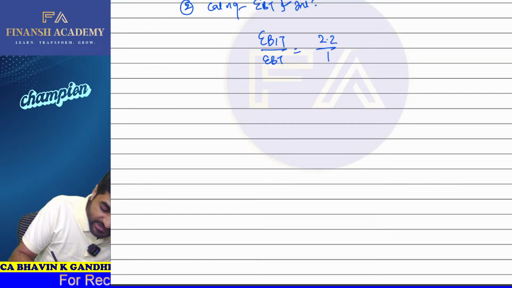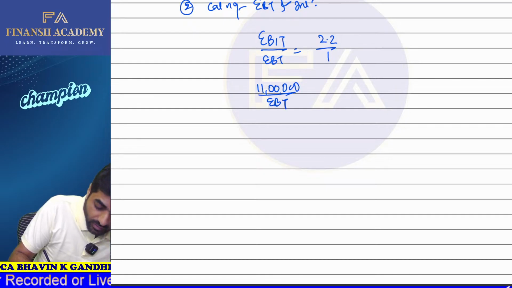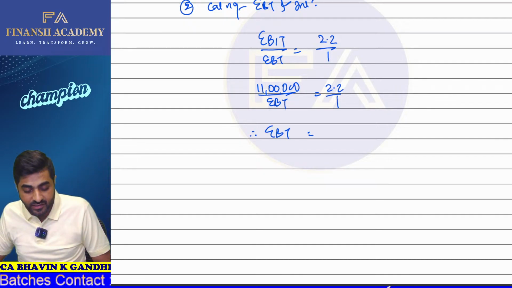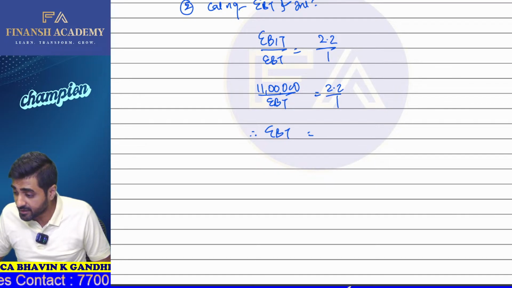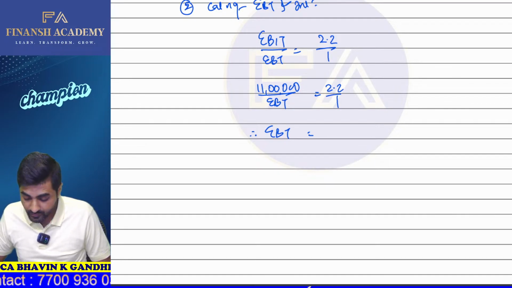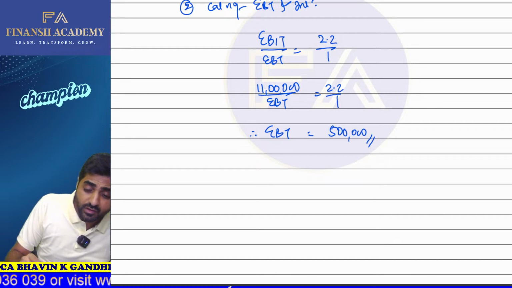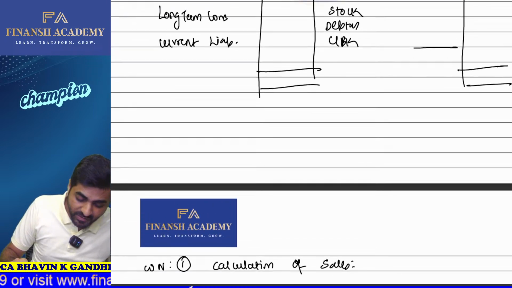So if this is 11 lakhs, EBT is going to be 11 lakhs divided by 2.2. So that will eventually give you 5 lakhs. So this will be your EBT amounting to rupees 5 lakhs.